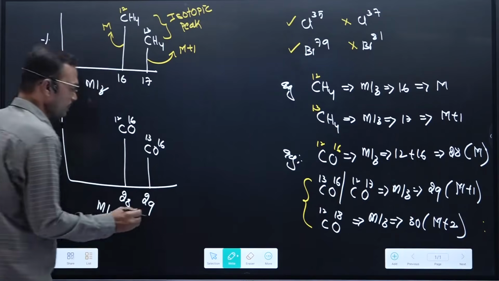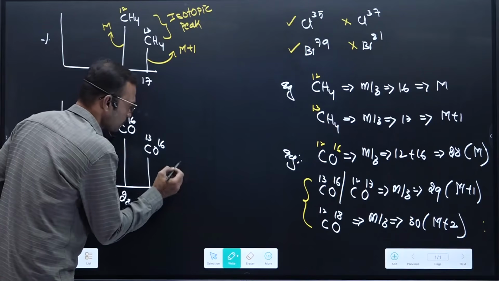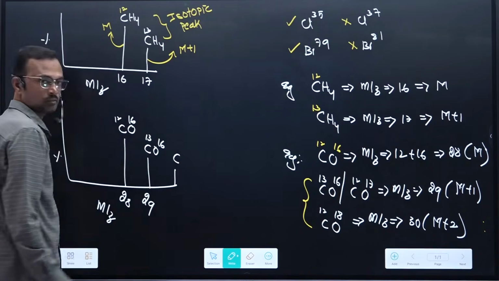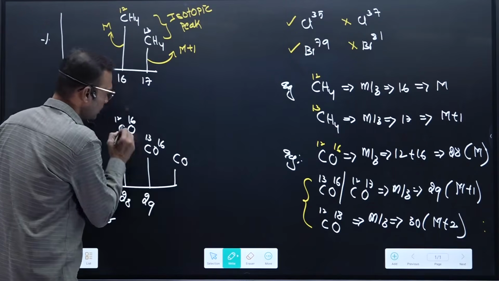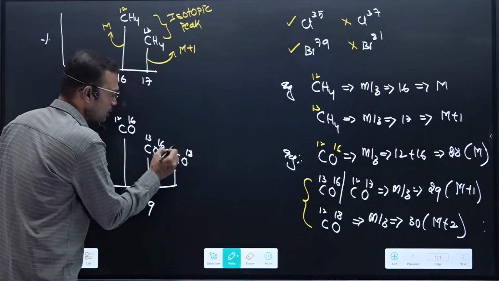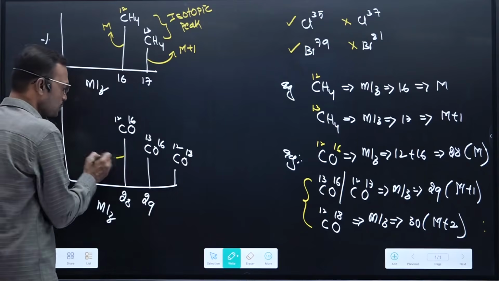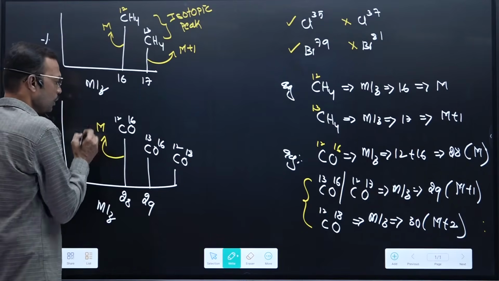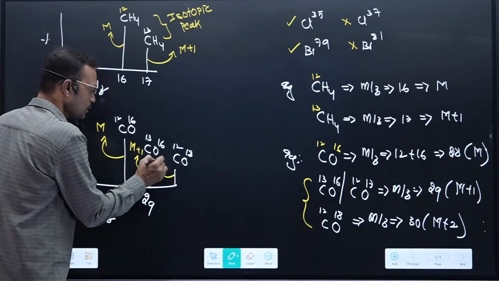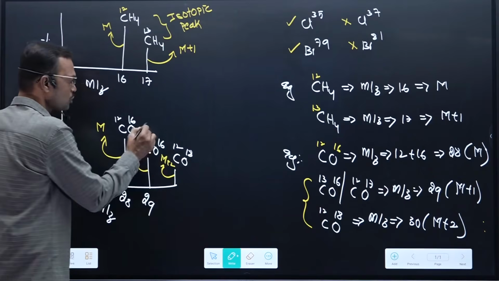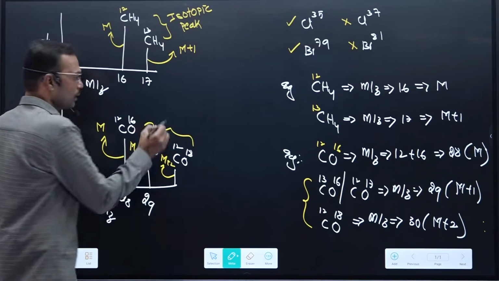Then one more peak is there, with a plus 2 difference here. So this is 12 and this is 18. Now what about this peak? This peak is the molecular ion peak, this is the M plus 1 peak and this is the M plus 2 peak. So these two peaks belong to isotopic peaks.